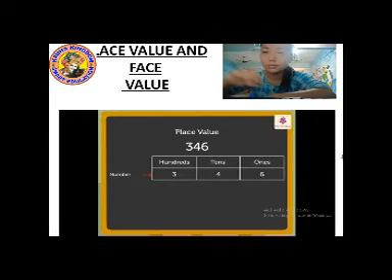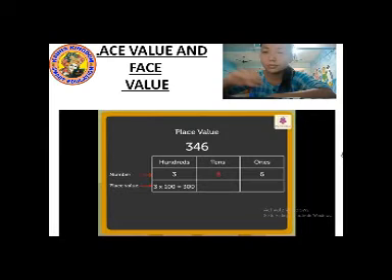Now let us look at the place value of each digit. As the number 3 is in the hundreds column, it means that there are 3 hundreds, and so its place value is 3 into 100, that is 300.